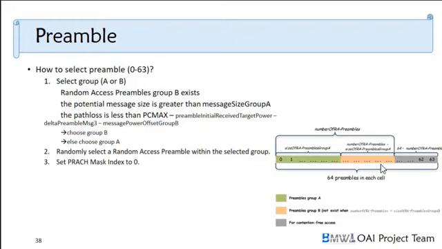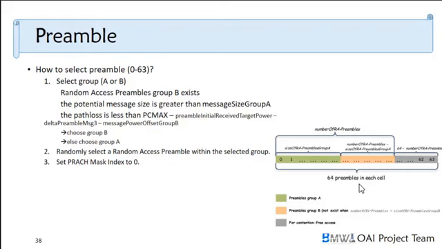In the beginning, the green one and the orange one are for contention-based. You will see they have group A or group B. First we need to select the group.